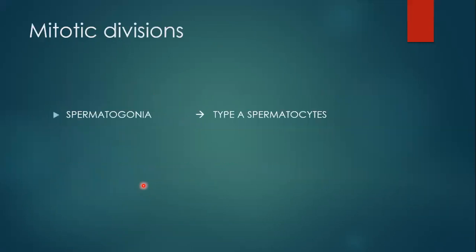Now, a few mitotic divisions occur to maintain the pool of the spermatogonia, right? And then if the spermatozoa, or spermatids, are going to be formed, they undergo meiotic division, right?